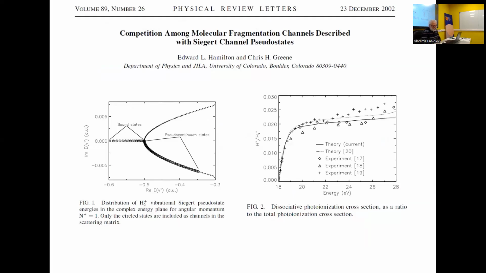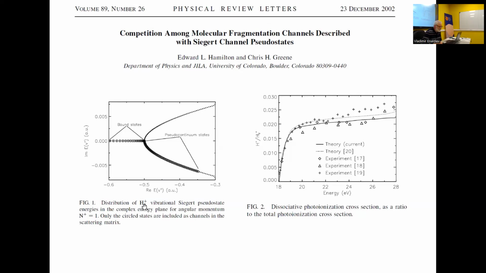And this version of the theory, immediately after it was published, many people started to use in its simplest version, which I showed so far. And many papers, now more than 100 papers, use these results from Siegert pseudo-states. This is one of the first where I was not a co-author. I know these people, but they did this themselves. They considered dissociative photoionization of the H2 plus ion.